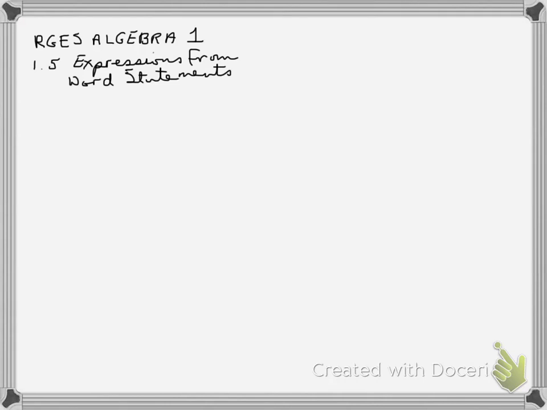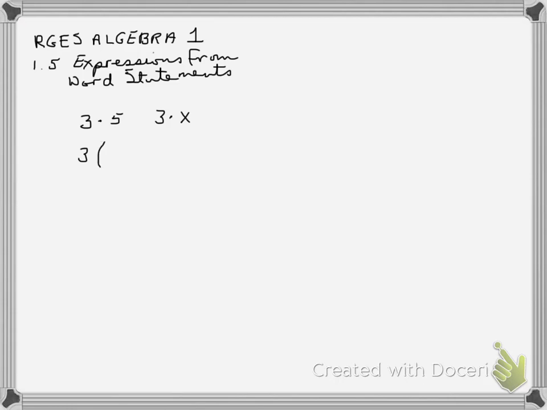Before we begin, we need to remind you all the different ways I can write multiplication. I can say 3 times 5 or 3 times x. Of course, we don't want to use the x sign for multiplication because we do have the x variable now and we don't want it to be confusing.